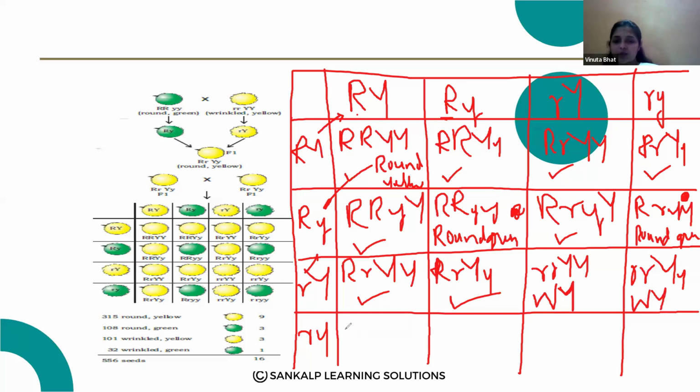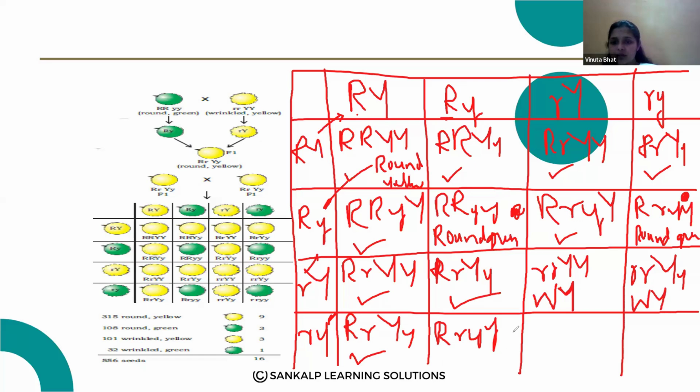Then check the last row, this row with the first row, capital R, capital Y, small y. This is also round yellow seeds. Then capital R, small y, then small y. This is here round green seed. Okay.